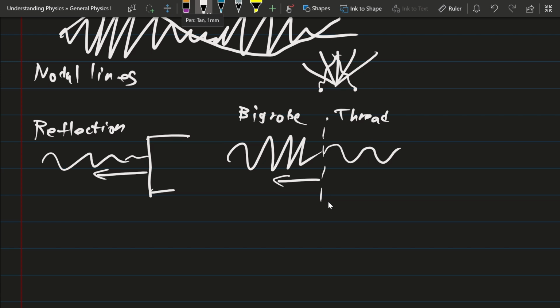There will be a thread going to the big rope, and then some of it will be reflected while the other is going through. So that's the idea about reflection and refraction.